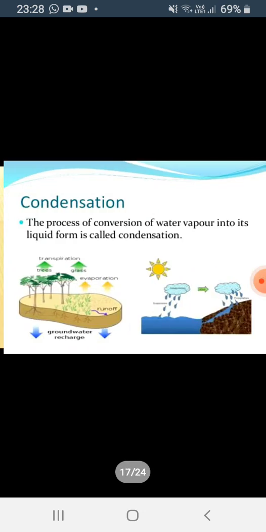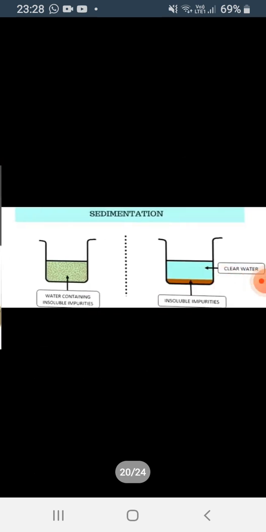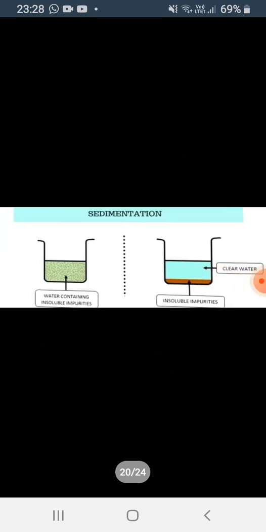Now if you see this picture, in the first picture we have muddy water, and after some time you can see the mud is settled down at the bottom, and the upper water is semi-clear water, not clear but semi-clear. So this is the first method by which you can separate insoluble solid from the liquid.